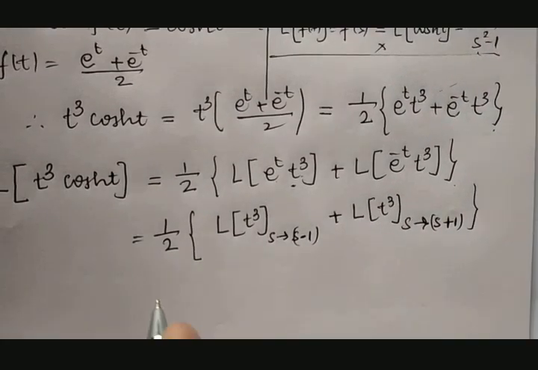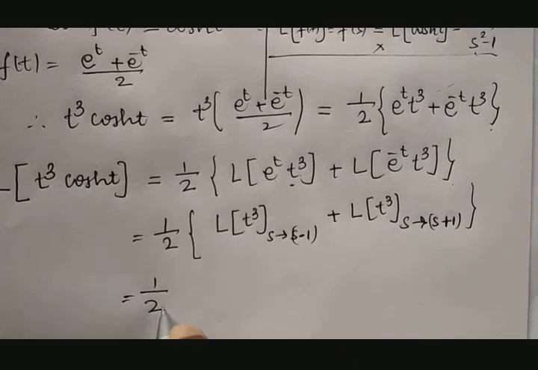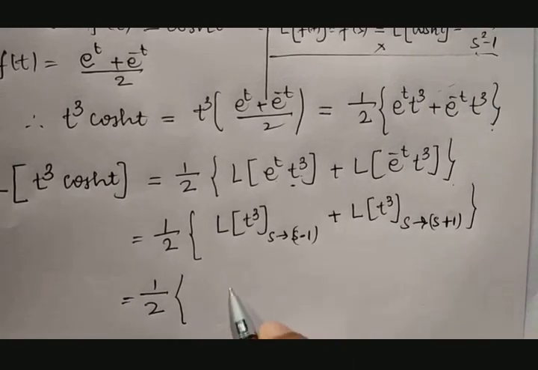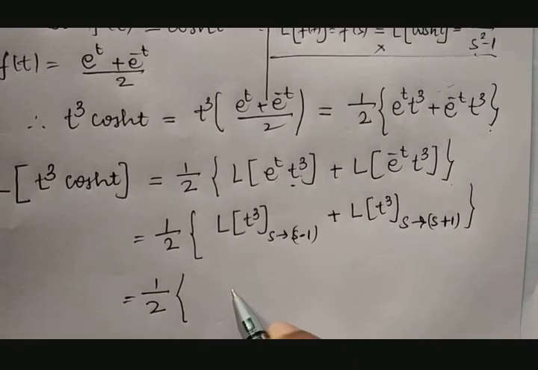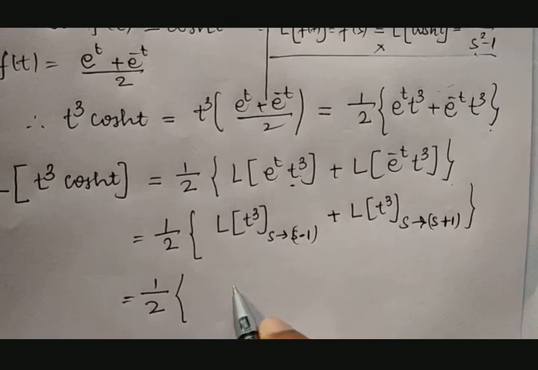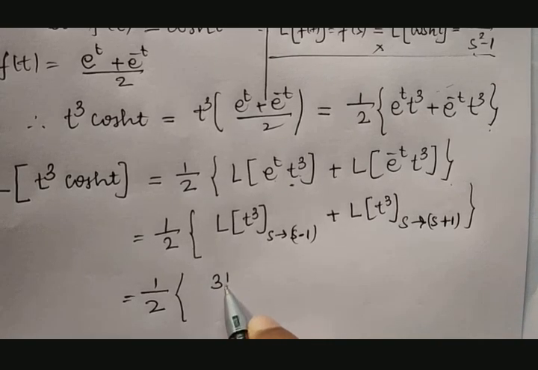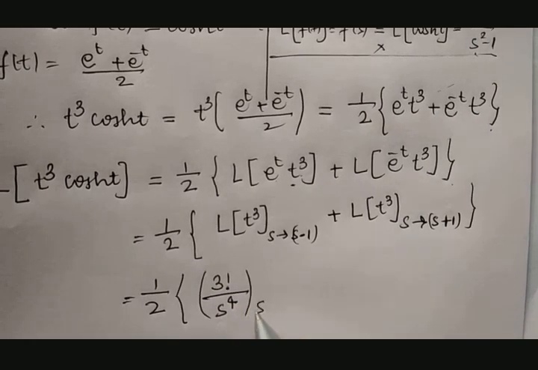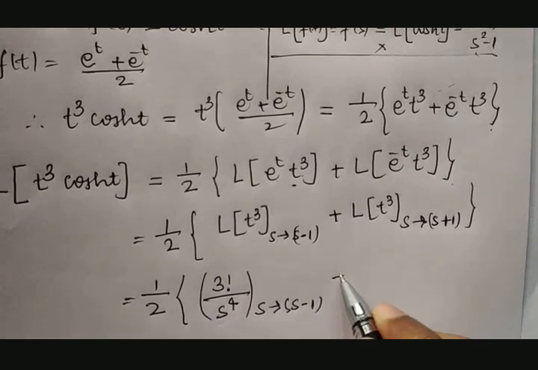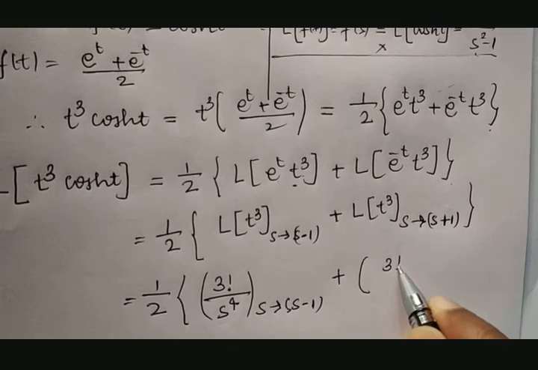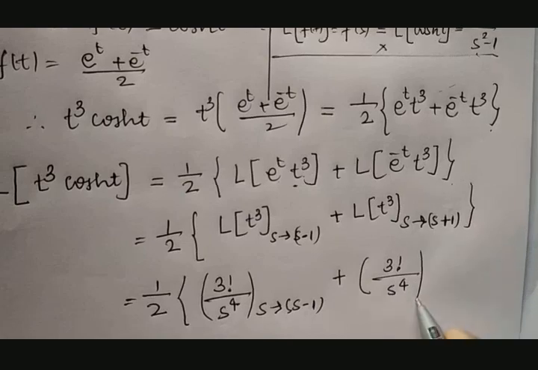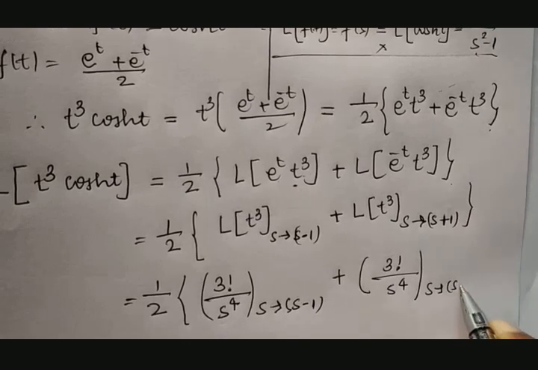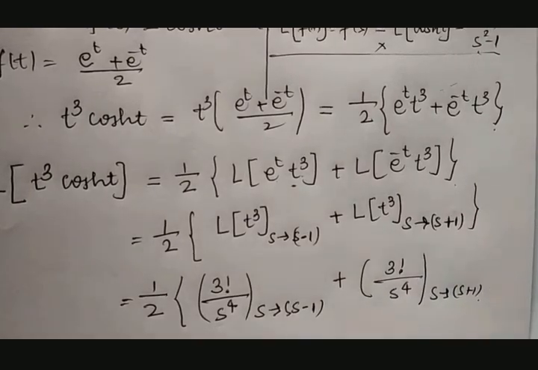Therefore, this is equal to 1 by 2 into Laplace transformation of t cube. What is the Laplace transformation of t cube? That is 3 factorial divided by s raised to 4, where s is replaced by s minus 1, plus similarly 3 factorial divided by s raised to 4, where s is replaced by s plus 1.